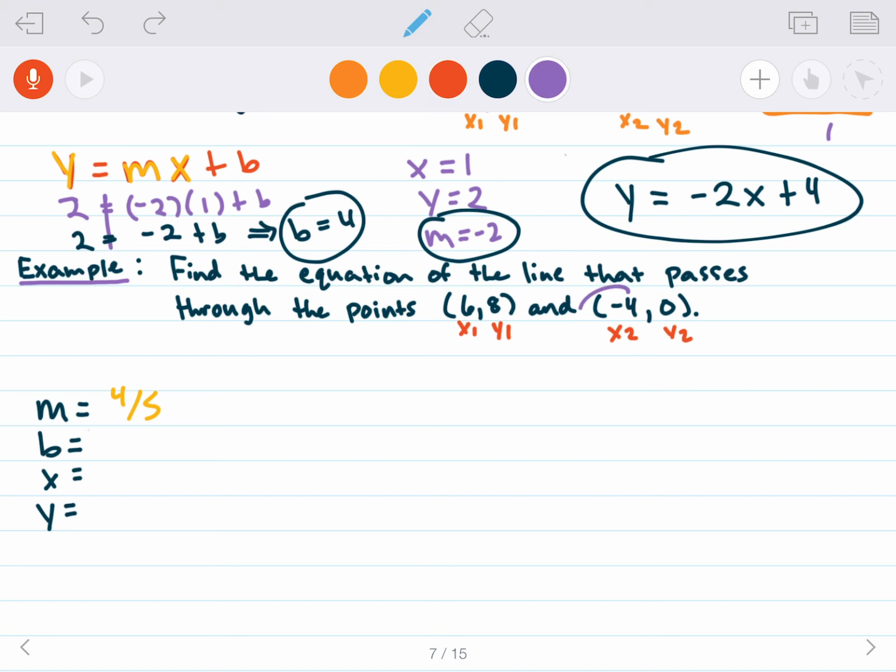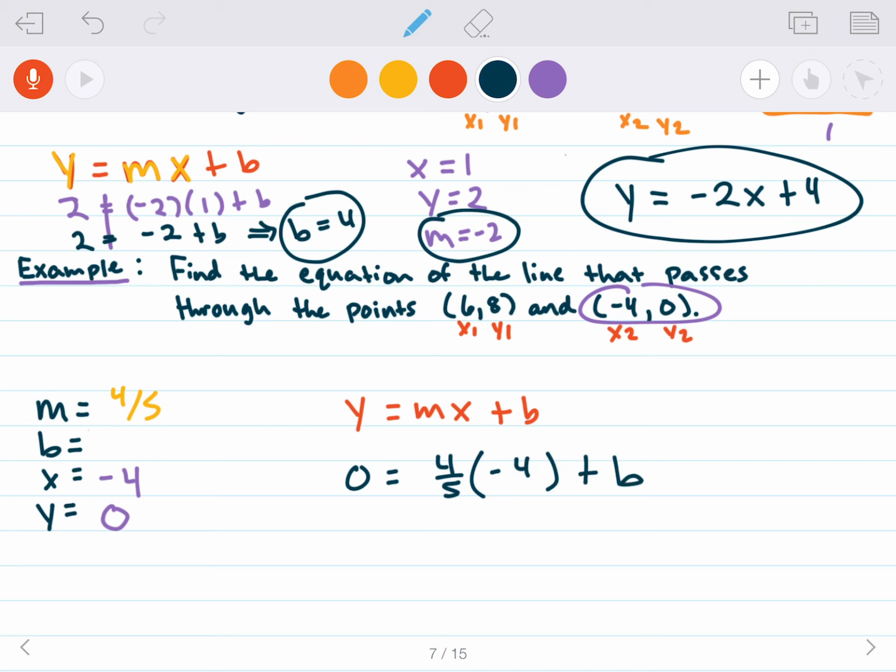I'm going to pick this one. In this case, x is negative 4. That's our x value, and our y is 0. And so we're just plugging everything into our base equation, y equals mx plus b. So y is 0, m is 4 over 5, x is negative 4. We don't know what b is.